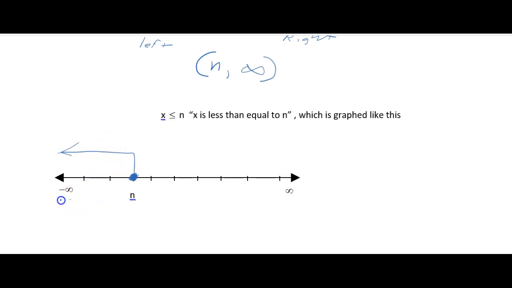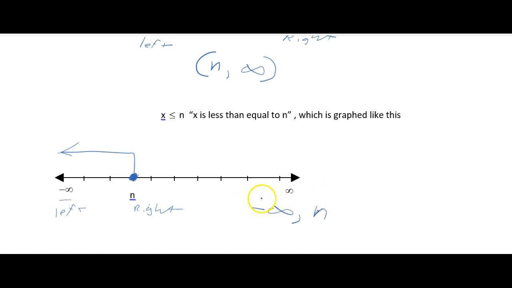I have the left end is negative infinity. The right end is n. So every time I write interval notation, I write whatever's on the left end, comma, whatever value's on the right end. In this case, that's n. And then I can decide what symbols I put on with each.